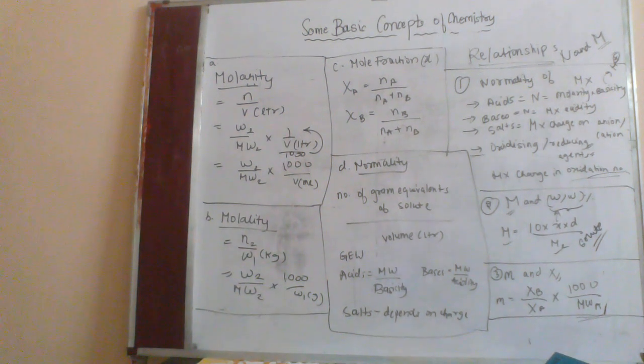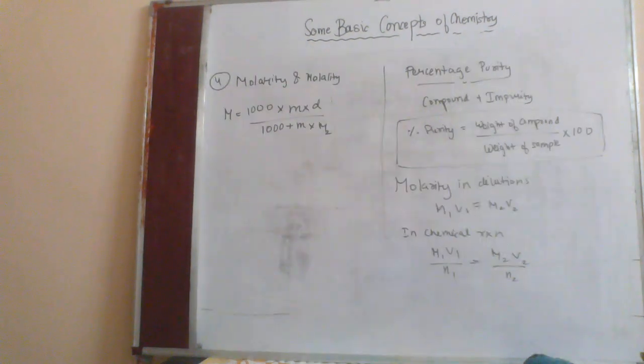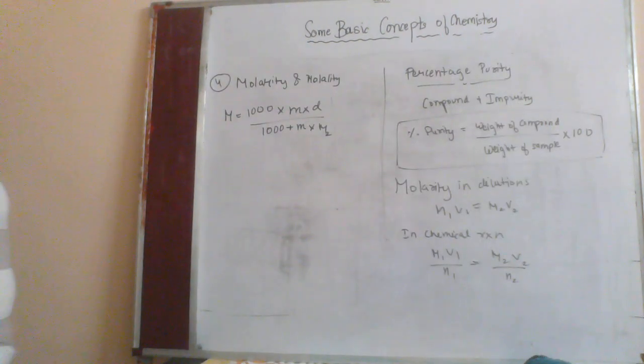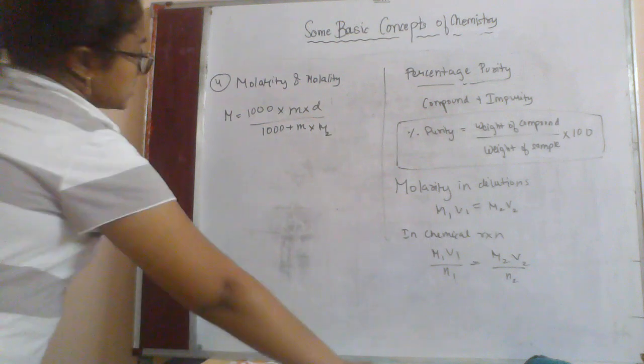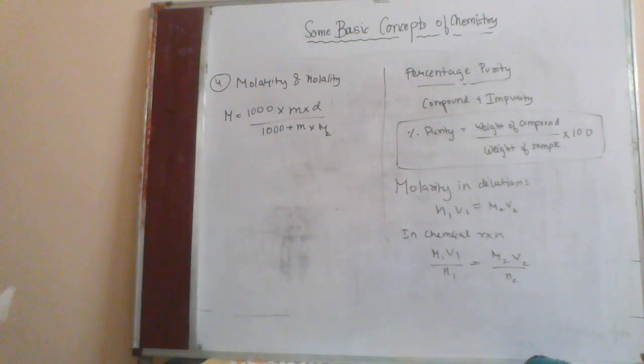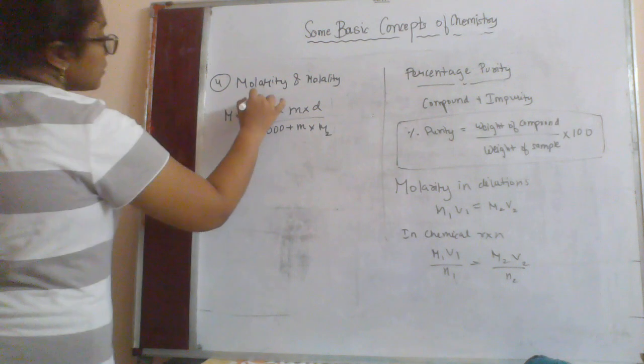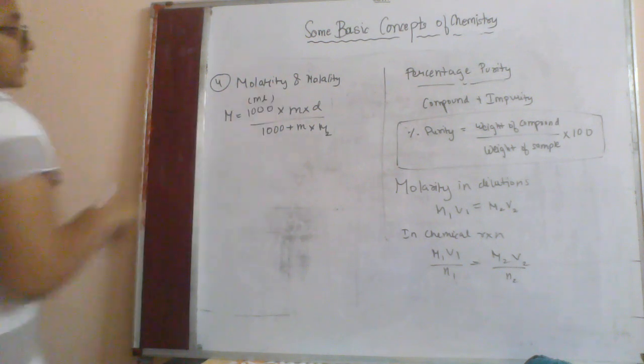We have one more relationship, that is between molality and molarity. So the relation goes like this: capital M, that is molarity, is equal to 1000. Why have I used 1000? Because for ml, volume in ml.